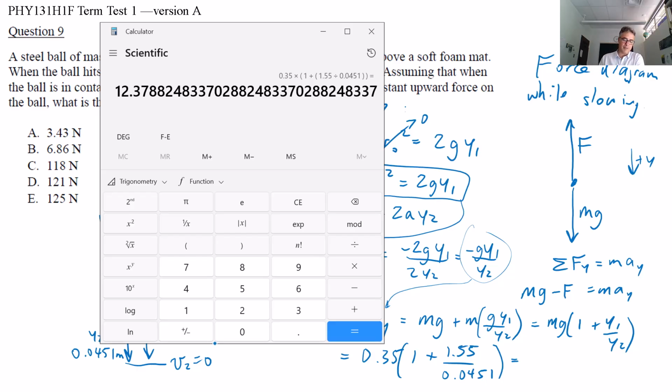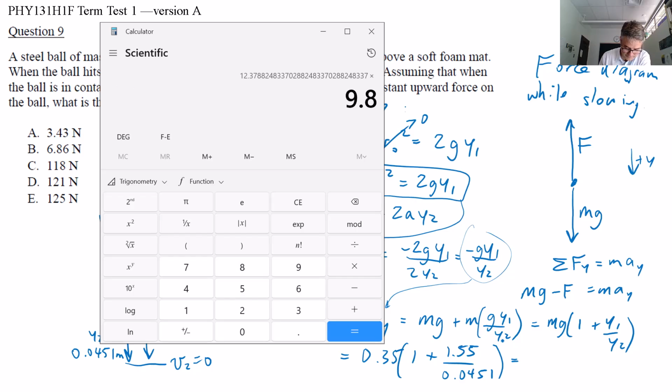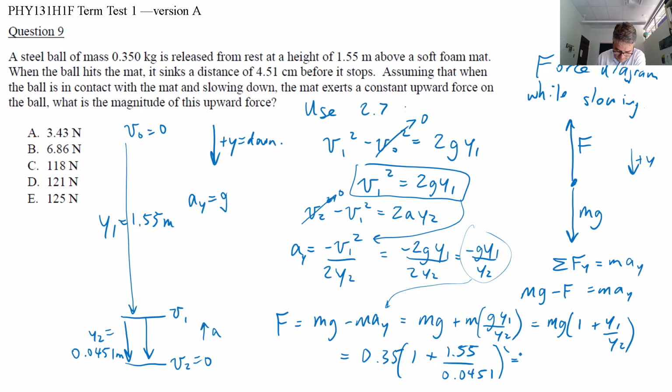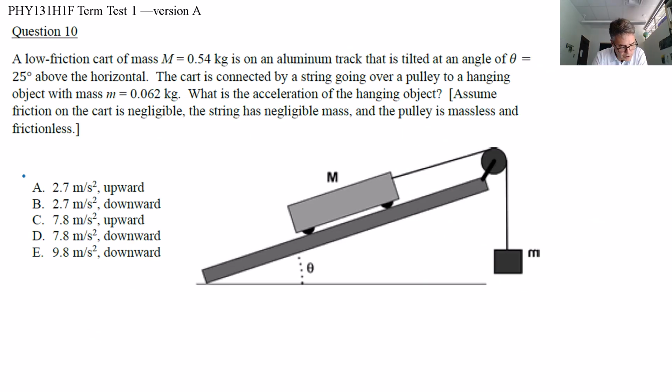Oh, I forgot the times by g. Times 9.8. 121. Don't forget to do m times g, right? Which is 121 newtons.